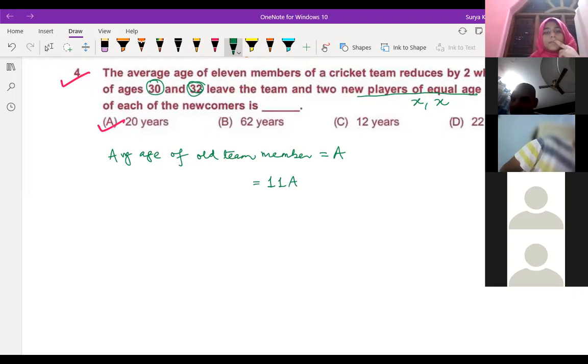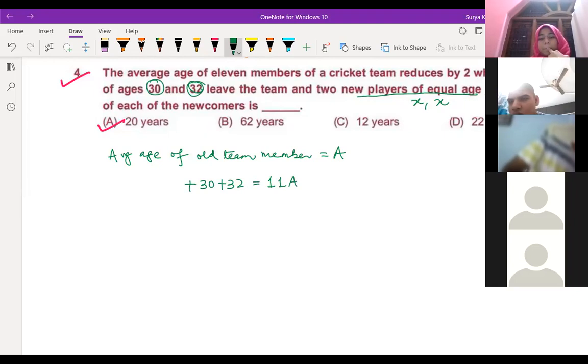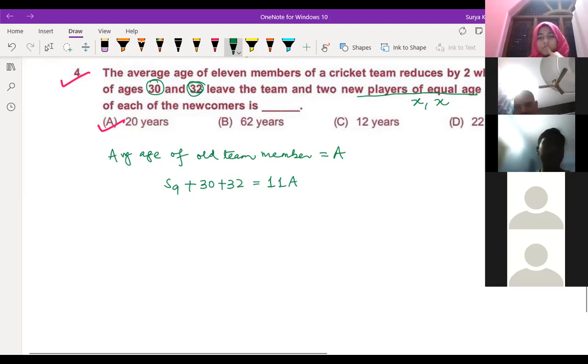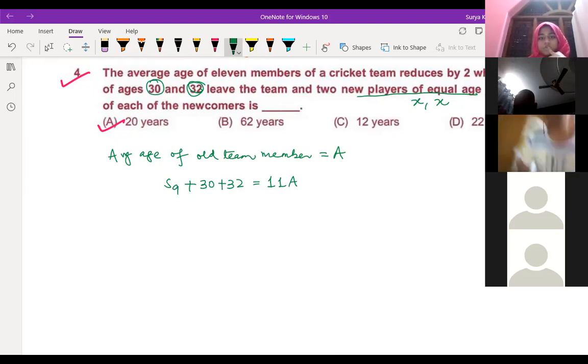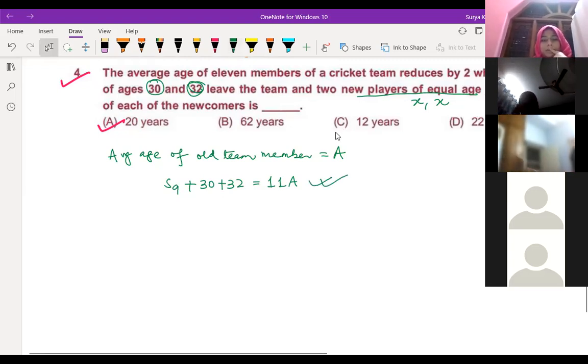Okay. And suppose two members are like 30 and 32, correct? And here I'm writing, of the total 11 members, 9 members are there. We can write S9, because 9 members have taken S9 plus 30 plus 32 is equal to 11A. This much understood, children, or not? Yes, sir.